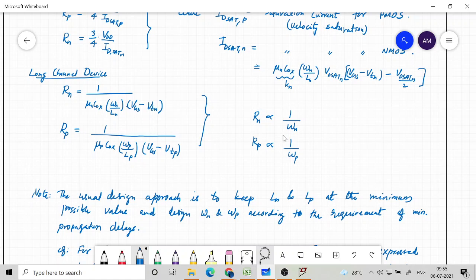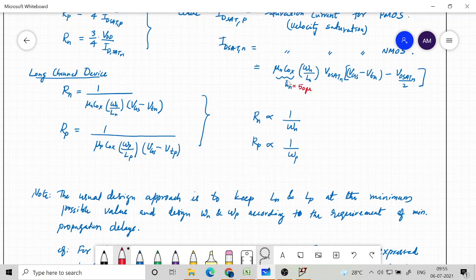So this was taken as 50 micro. That is a process parameter, and I am not specifying the unit, only the value. The unit will be something like ampere per volt square, because on the right side it is volt square and on the left side it is current.